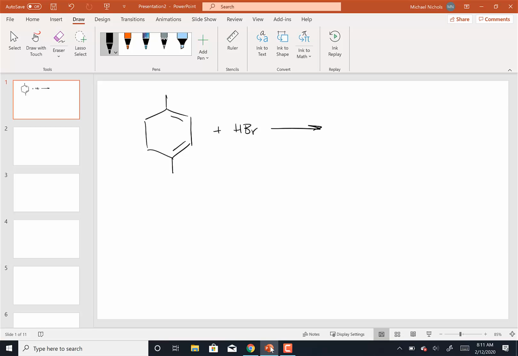Okay, do we add the H plus to a double bond? So let me label these A and B. And I'll label the bottom A and B just in case you wanted to add there. So tell me where the H plus goes. Does the H plus go on carbon A or does it go on carbon B? A is 1, B is 2.